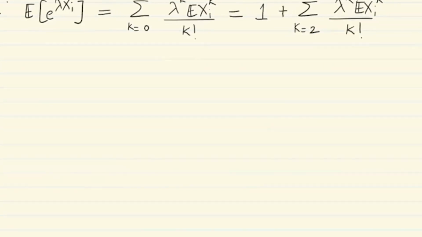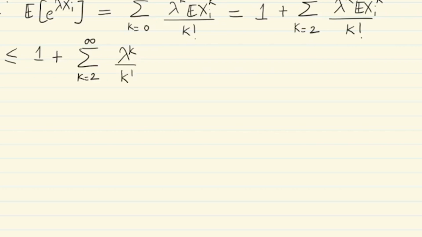And we'll now perform the following bounding operation on the summation on the right. This is at most 1 plus the sum over k equal to 2 to infinity, lambda to the k by k factorial. From expected value of xi raised to k, since k is at least 2, we can take out xi square, and then we can keep the remaining xi raised to k minus 2.